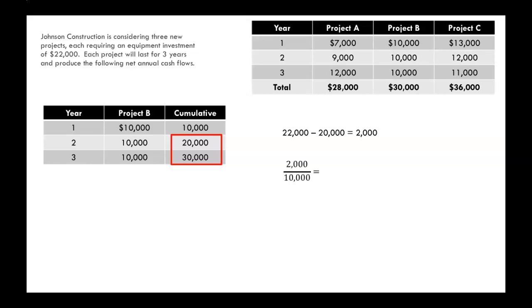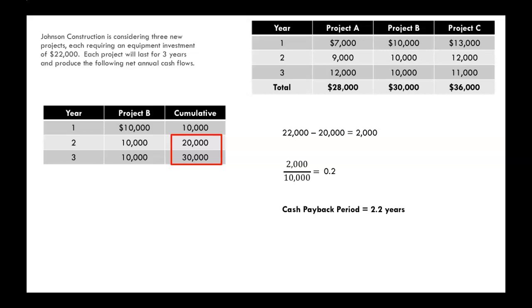We take that $2,000 and divide it by year 3's cash flows, and we get 0.2. So 0.2 of the way through our third year, we would have made our money back. Our cash payback period is 2.2 years. It's going to take all of year one, all of year two, and 0.2 of year three to get that money back.